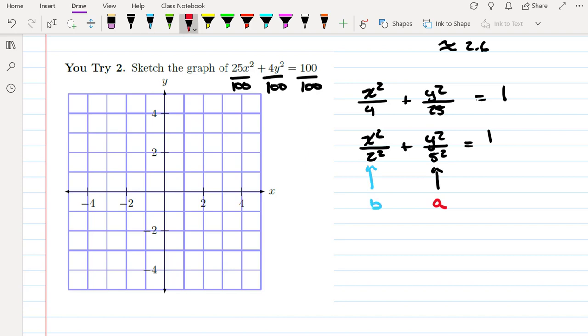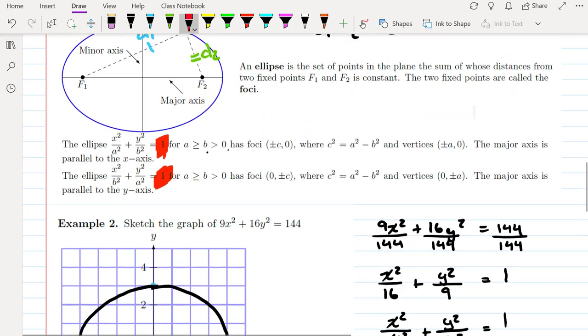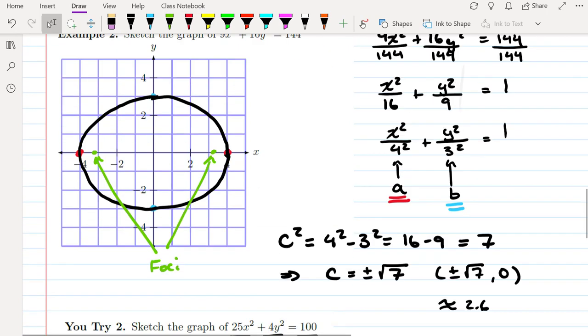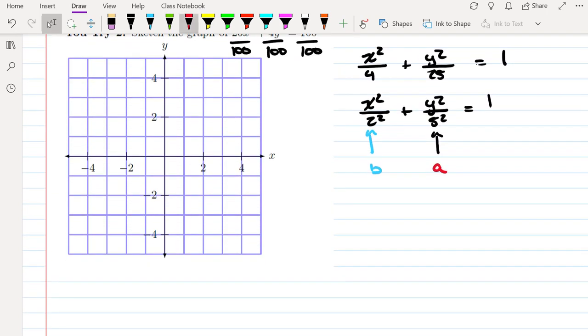Since the larger number is underneath our y this time, that means our major axis, or the longer axis, is parallel to the y-axis, or in this case it's on the y-axis. So we're going to have our 2 points at 5 and negative 5, and then our minor axis is going to be at 2 and negative 2. And if we draw our ellipse, we get something that looks kind of like this.